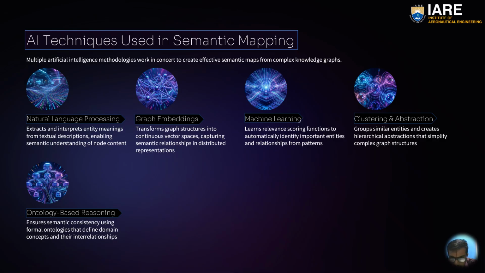It groups similar entities and creates hierarchical abstractions that simplify complex graph structures. And ontology-based reasoning. It ensures semantic consistency using formal ontologies that define domain concepts and their interrelationships. Hence, these are the AI techniques used in semantic mapping.